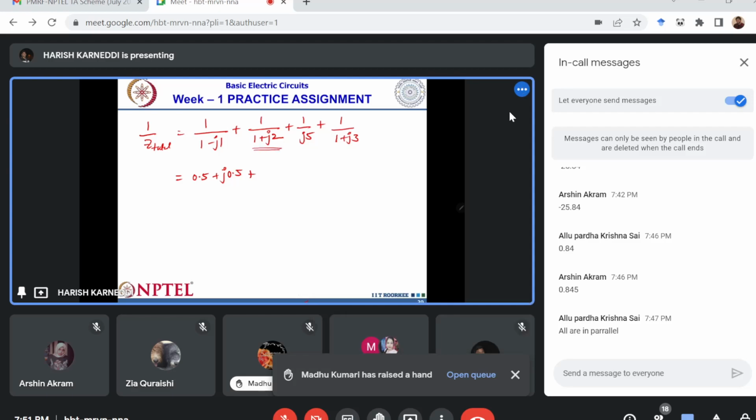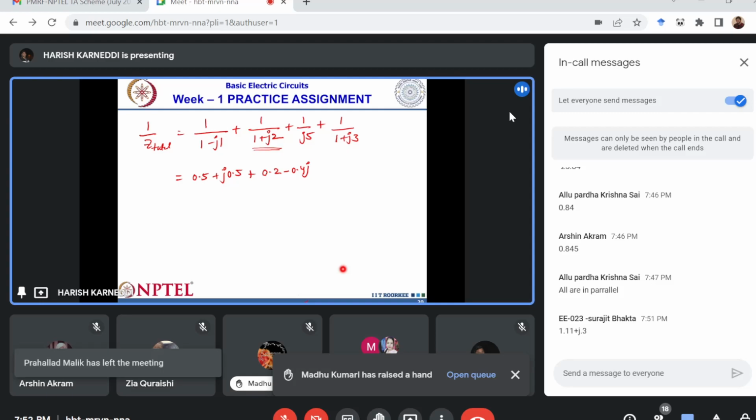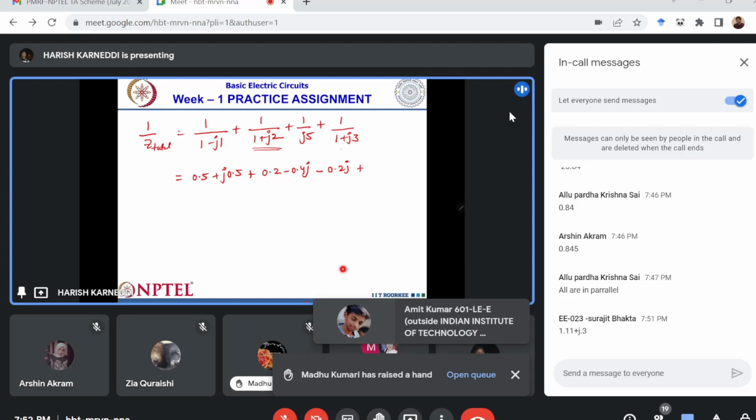That is 0.2 minus 0.4j. What is the 1 by 5j value? It is minus 0.2j. Plus, what is the value of 1 by (1 plus 3j)? Which is 0.1 minus j0.3.